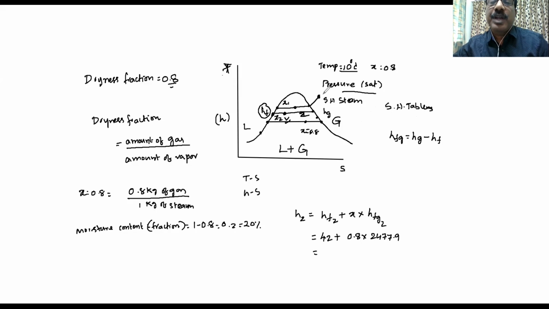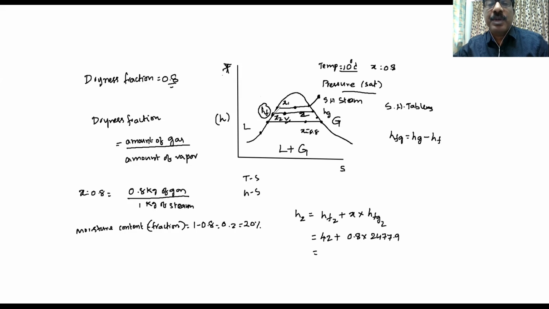In an XY graph, for example, if you want to locate one particular point, you need the value of X as well as the value of Y. If the points of interest are on the saturation line, it is very easy: with one parameter only, either temperature or pressure, you can get the value.